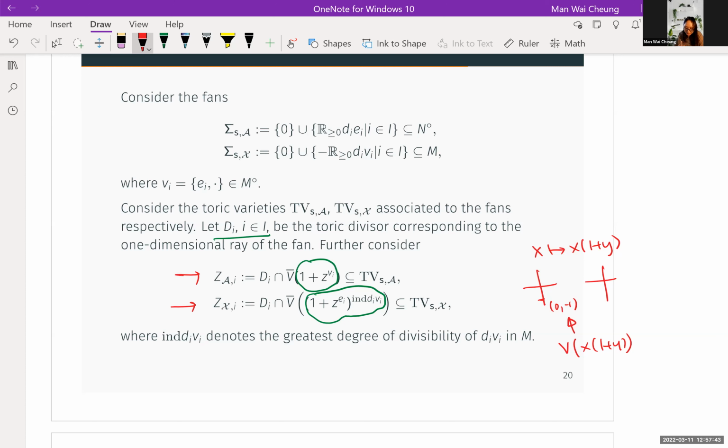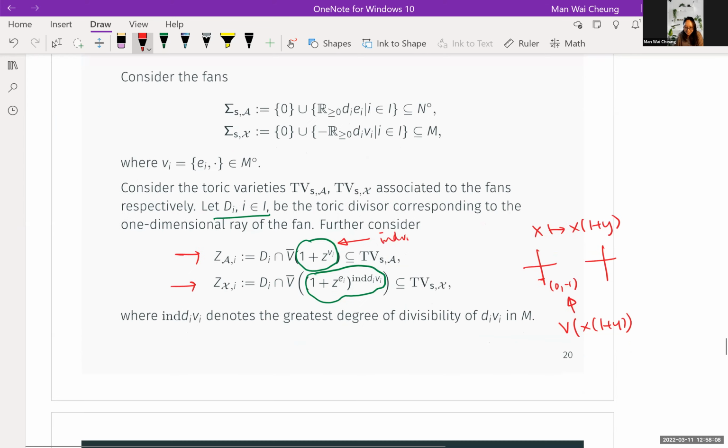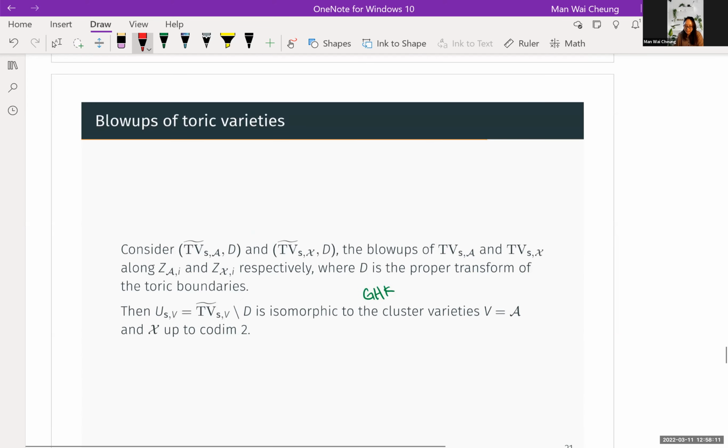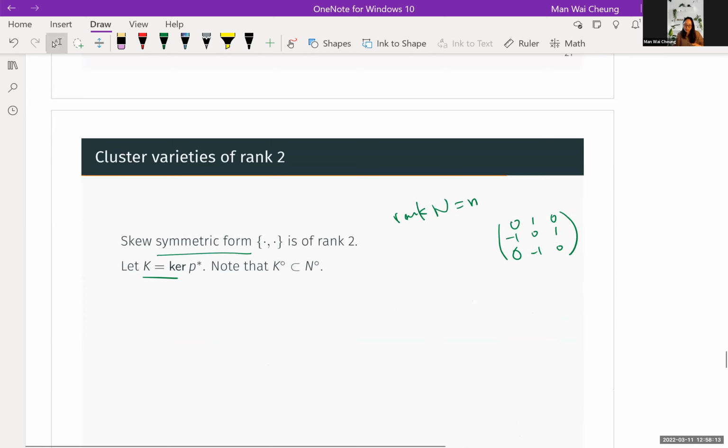But in dimension 2, you can see those are just binomials in one variable, and the zero loci of them are just points. And then the fundamental theorem of algebra tells us how many points we have, which is just this index of v_i many points. So that's why here we have that many blow-ups.